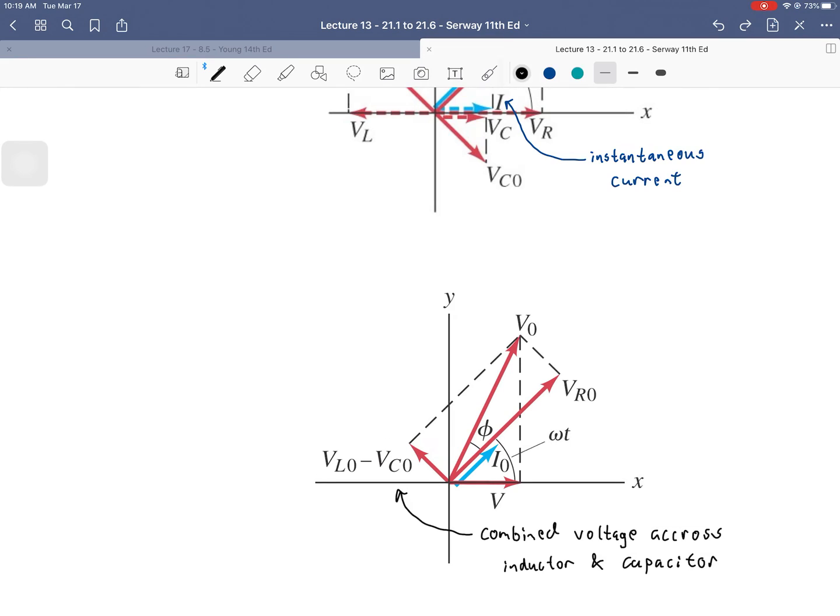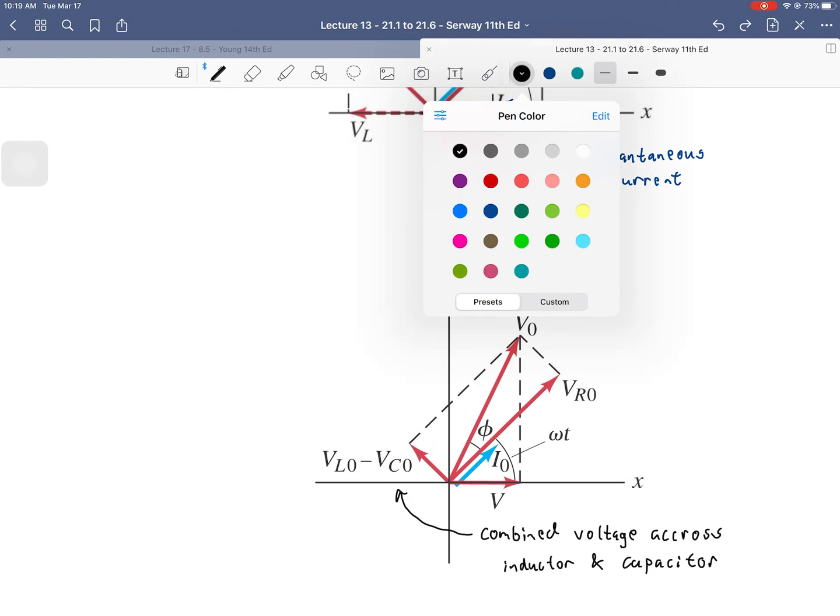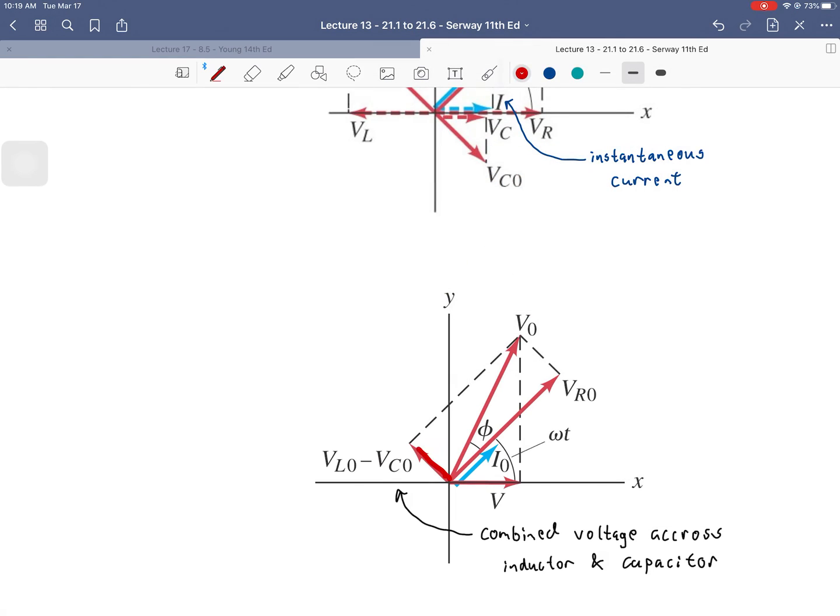And then now we have formed, and this is the real crux of it, this is what makes this problem the one that we can discuss, one that we can use mathematical tools to work through, a right triangle. Because this vector right here, this combined voltage across the inductor and capacitor, is the same vector over there, because the location of the vector doesn't matter.